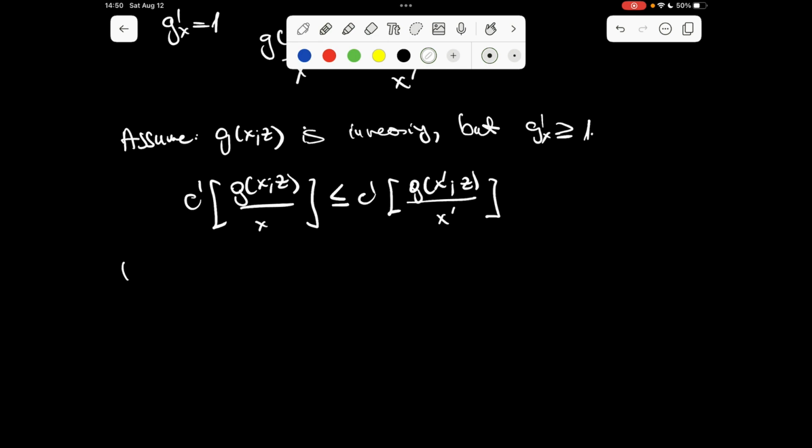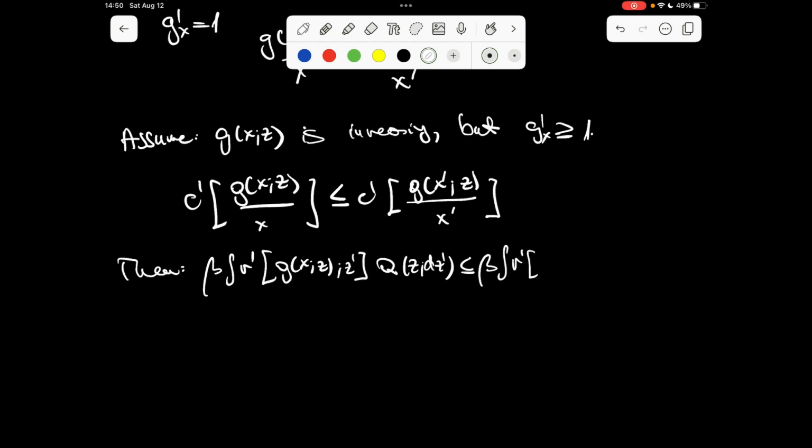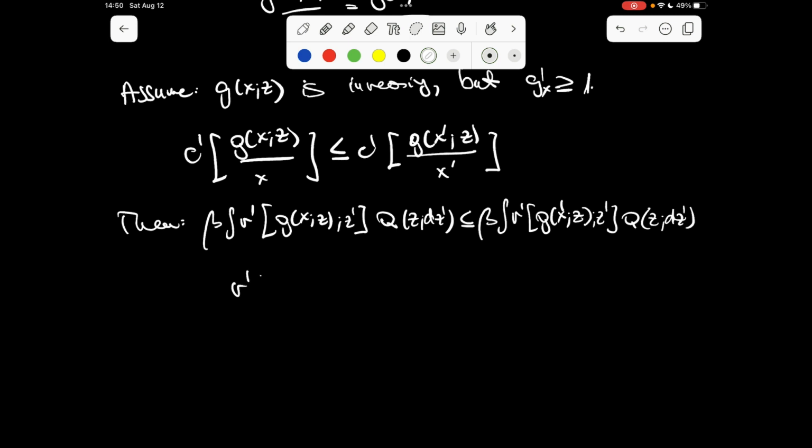Then it follows, because the transition function Q is monotone by assumption.